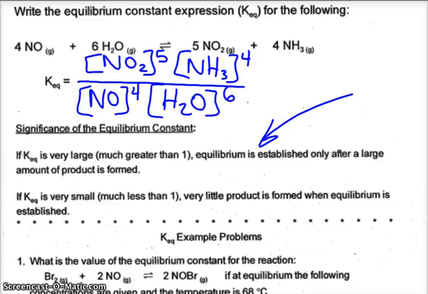If KEQ is very, very small, and KEQ can never be negative because that would mean you have a negative concentration, and you can't have a negative concentration. But if KEQ is very, very small, so 10 to the negative 30th, let's say, that means that there is way more reactant than product, and there's very, very little product that's formed.